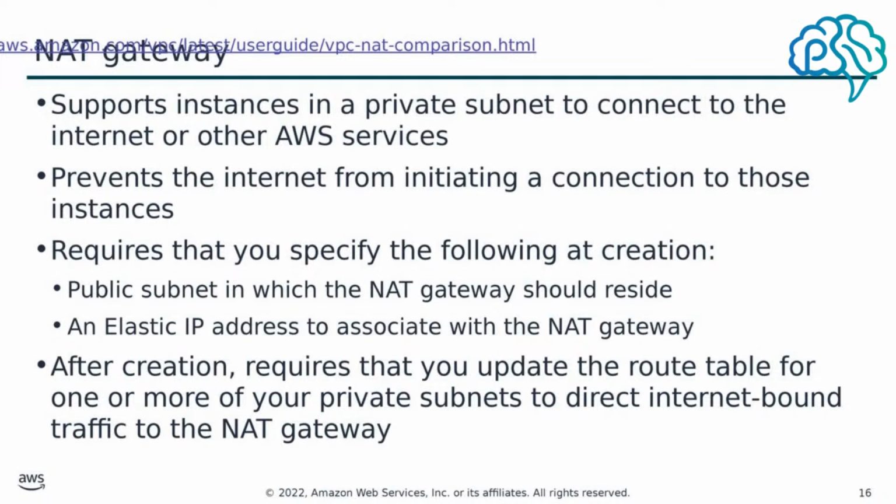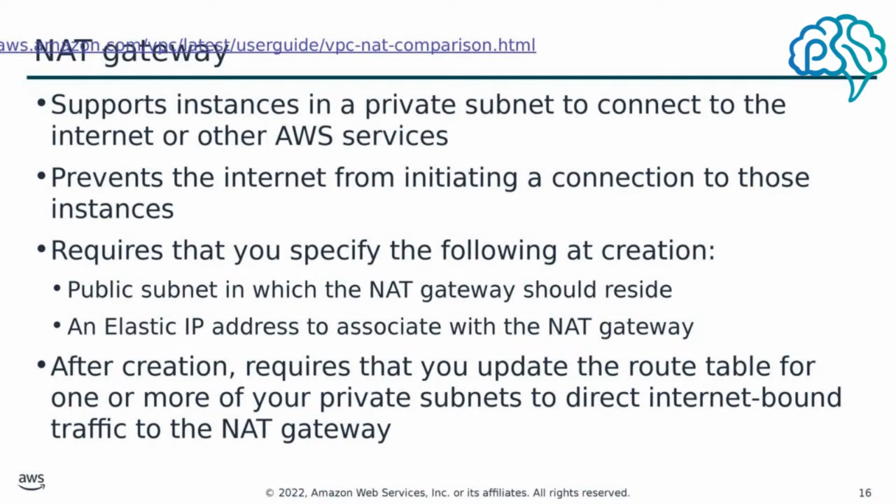So to create a NAT gateway, you have to specify the public subnet that the NAT gateway should reside in. You also have to specify an elastic IP address to associate with the NAT gateway. So that's critical. After you create the NAT gateway, you can then update the route table and you can associate it with one or more of those private subnets you set up earlier that point to internet bound traffic.